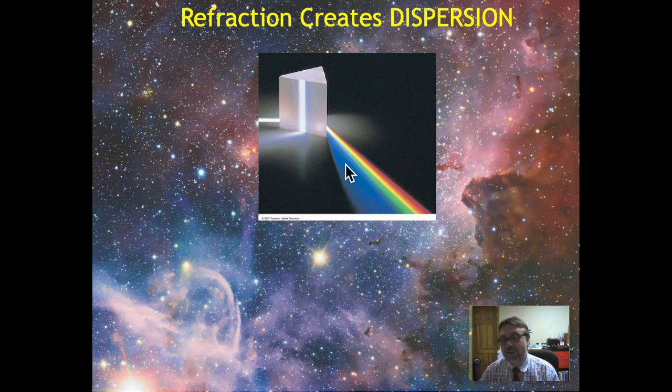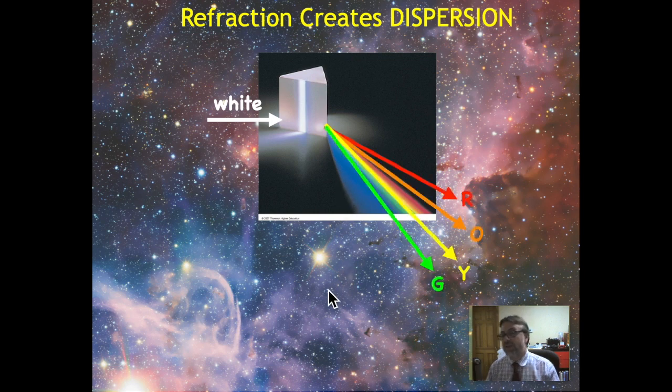So here I have a prism, and I have white light coming into the prism. Now, this white light is really a mixture of all the colors of the visible spectrum, ROY G. BIV. And as it enters the prism, it comes out split up into its component rays. And we didn't discuss why.